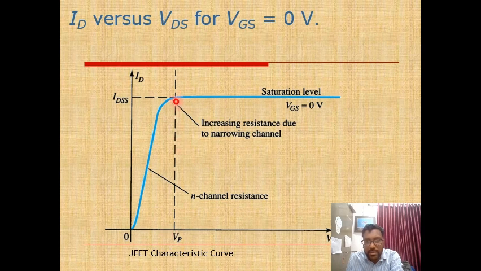When VDS becomes equal to VP, the IDSS or the saturation drain current starts to conduct, and the characteristics curve settles and goes to the saturation level, and this happens at VGS equal to 0. So we have not applied any gate to source voltage till now.